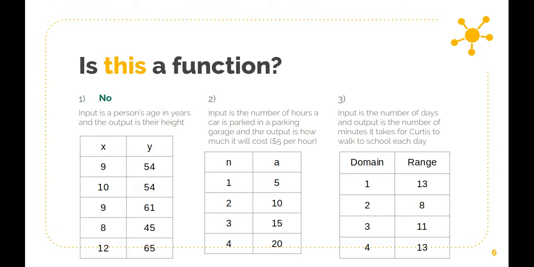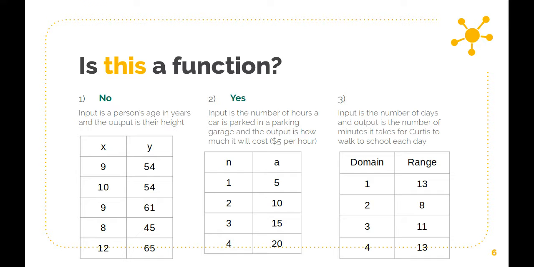The next example is number 2. The input is the number of hours a car is parked in a parking garage, and the output is how much it will cost. It's about $5 per hour. And the answer for this one is yes, it is a function, because each hour you're there, the cost of being in the parking garage increases.